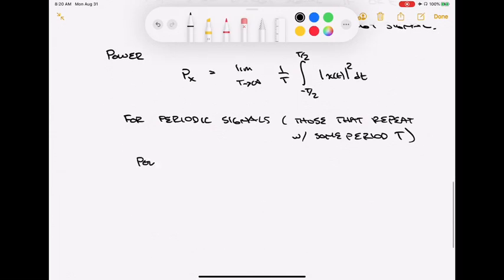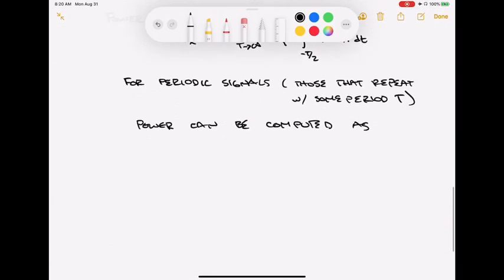Power can be computed in that case as the following. We can look at it as p of x being 1 over t, just integrate over a single period of that signal squared dt.